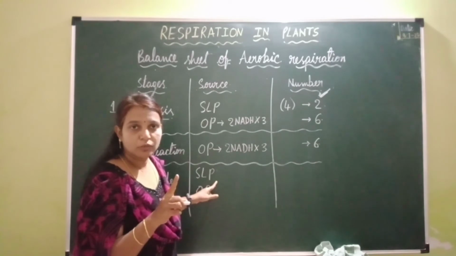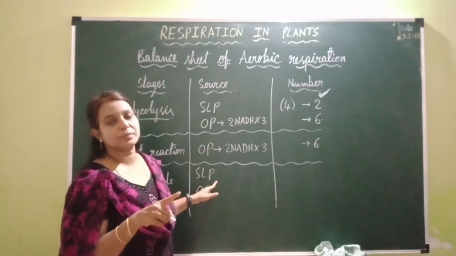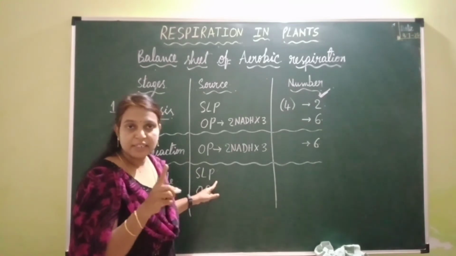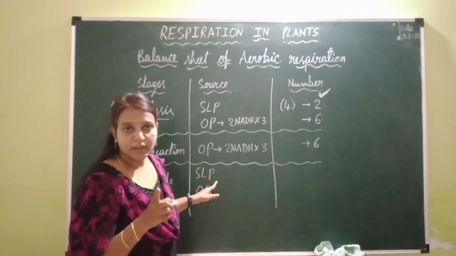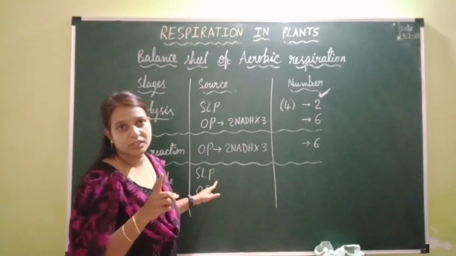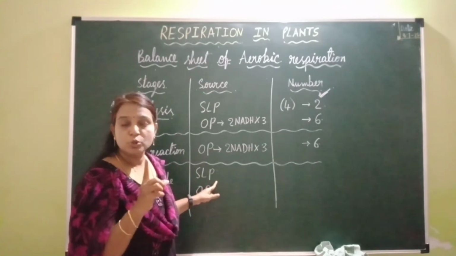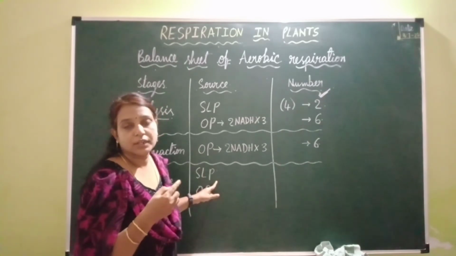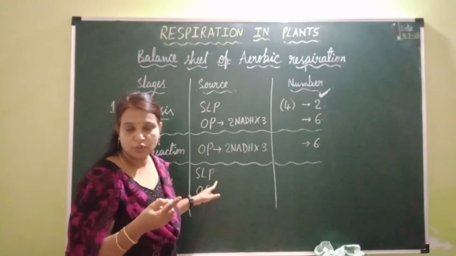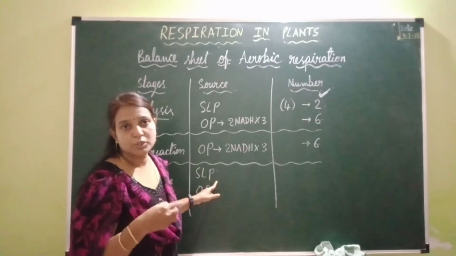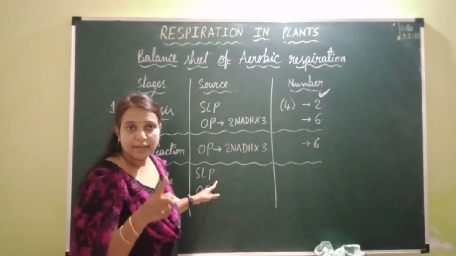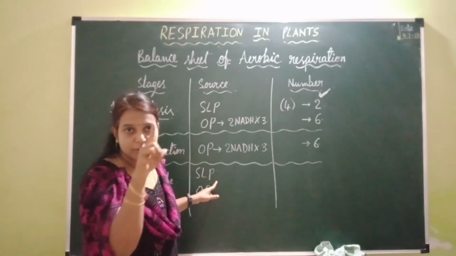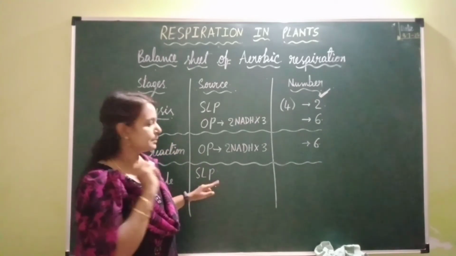But for 1 molecule of glucose, we have to take 2 cycles of Krebs cycle, because when 1 glucose molecule undergoes breakdown and enters into aerobic respiration, by the end of glycolysis it undergoes partial oxidation into 2 molecules of pyruvic acid. Those 2 molecules of pyruvic acid enter into the mitochondrial matrix, into the link reaction, by the end of which 2 molecules of acetyl-CoA will be formed. So per 1 acetyl-CoA, 1 cycle of Krebs cycle occurs.